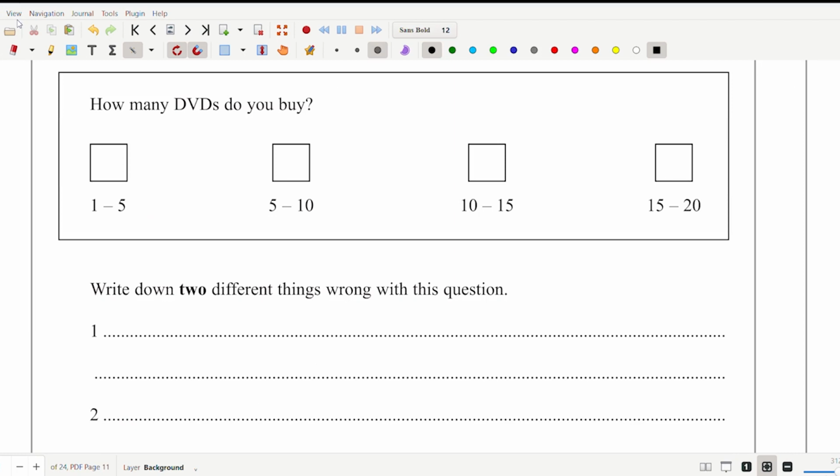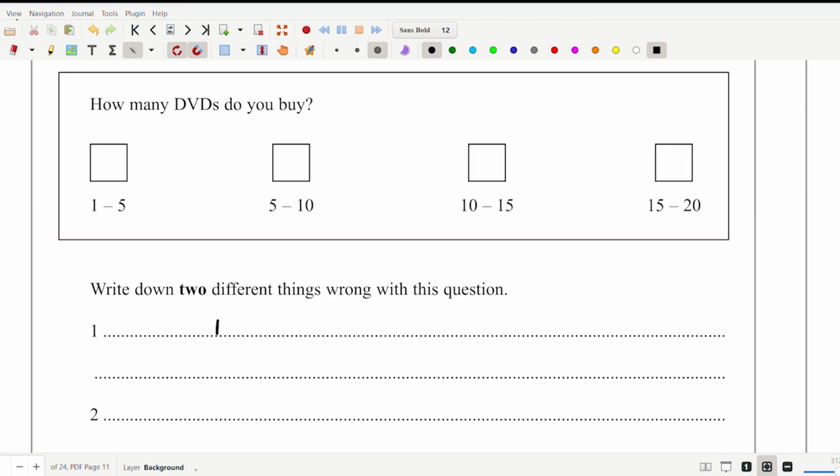So there is no time scale in this questionnaire. At the same time, there is no 0. That means there are gaps. Maybe they do not buy any, or they bought over 20.